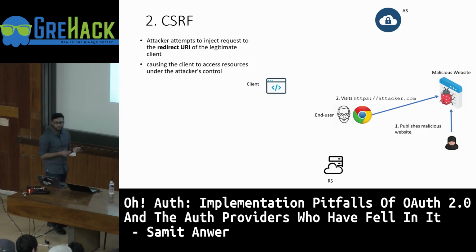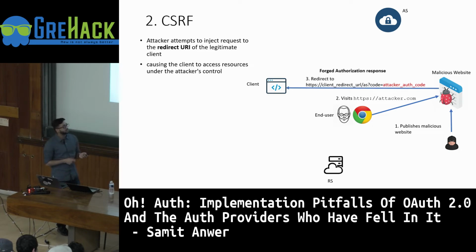Now the malicious website needs to generate a forged authorization response, and in the response it needs to replace the code with the attacker's auth code. The attacker can initiate an authorization himself and replace the code with the attacker's auth code instead of the legitimate end user's code, because he can't figure out the end user's code, but he can always replace it with his own code.